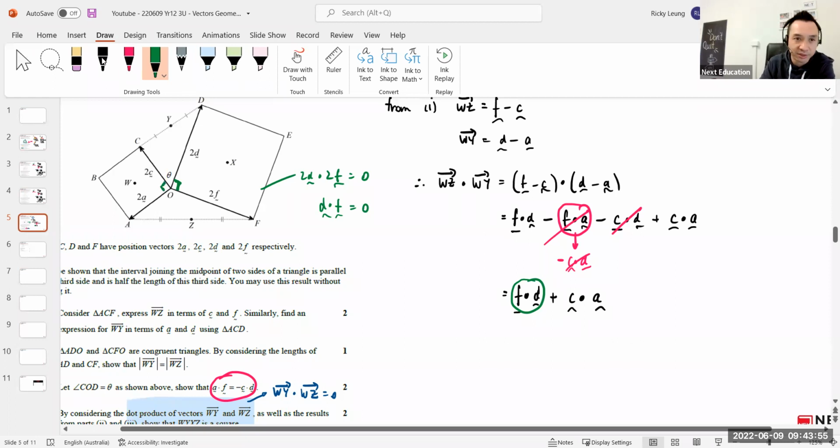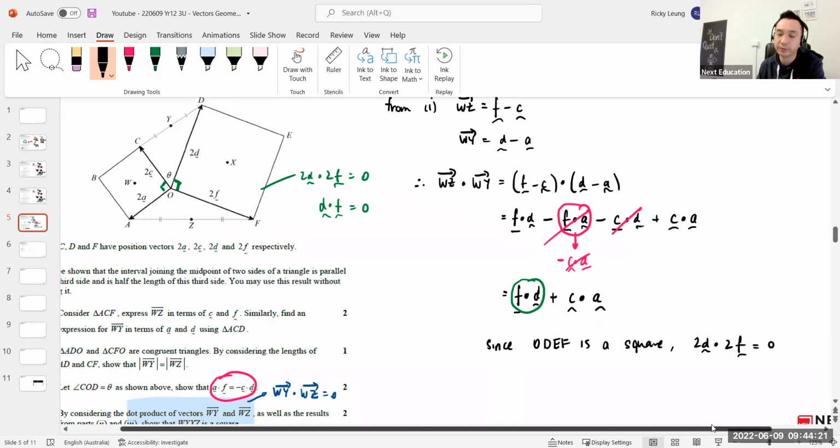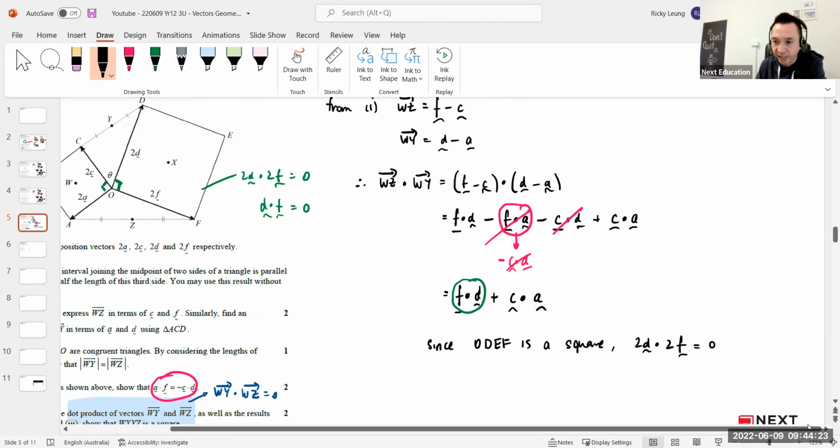Same deal. So I'll say to my teacher over here, since ODEF is a square, then 2D dot with 2F has to equal 0. You can say all angles in a square equal 90 degrees.